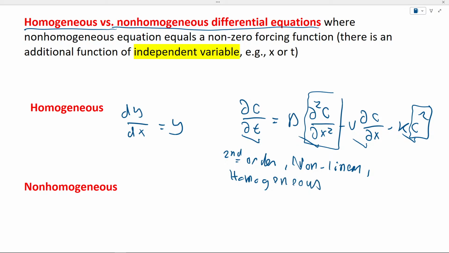Homogeneous because I don't have any source or sink term, no source function of x or t. That does not exist. So it is homogeneous and a partial differential equation, because I have two independent variables, x and t.